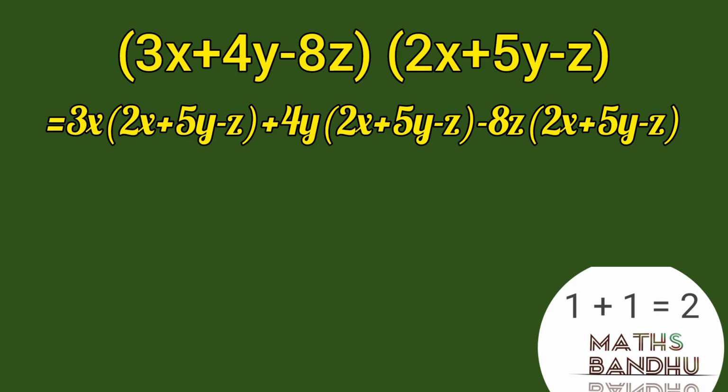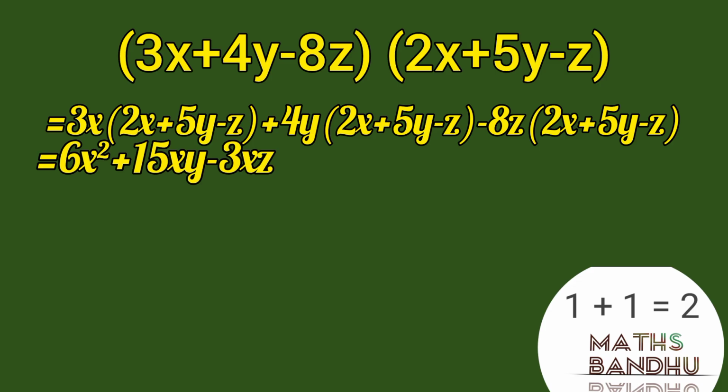So now we have gotten 3 sums like the first type, in which you have a monomial multiplying a polynomial, in 3 cases. So we do the process as we did last time. So 3 2s are 6x square, plus 3 5s are 15xy, minus 3xz.